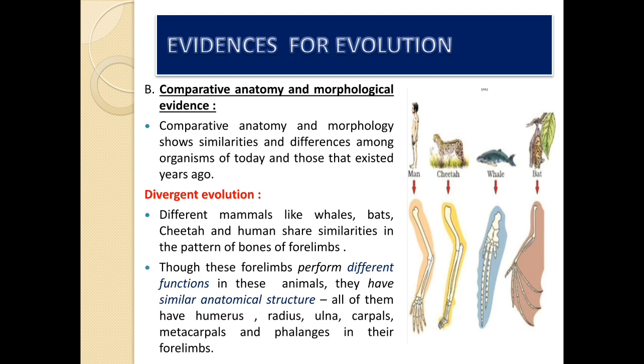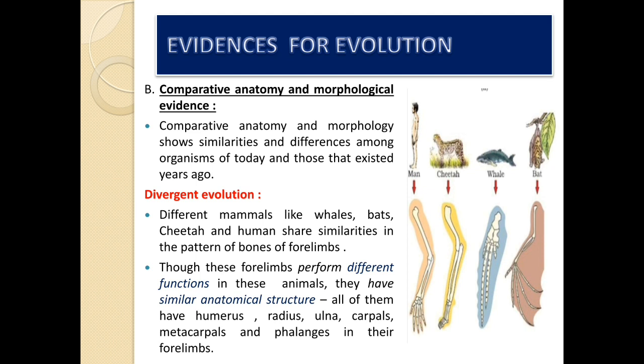Forelimb means, in humans, the hand. You may see here the structure of the human hand. Like the human hand, the cheetah also has a forelimb. Similarly, the whale is a mammal, so it also has bones of forelimbs. This bat is also a mammal, so it also has a forelimb.